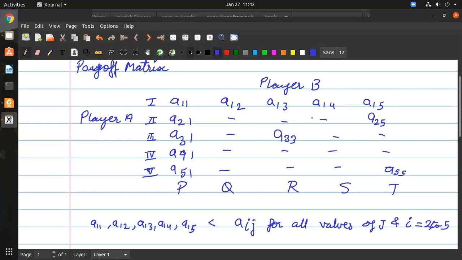Means all these values have lower values than this when I'm talking about player A.